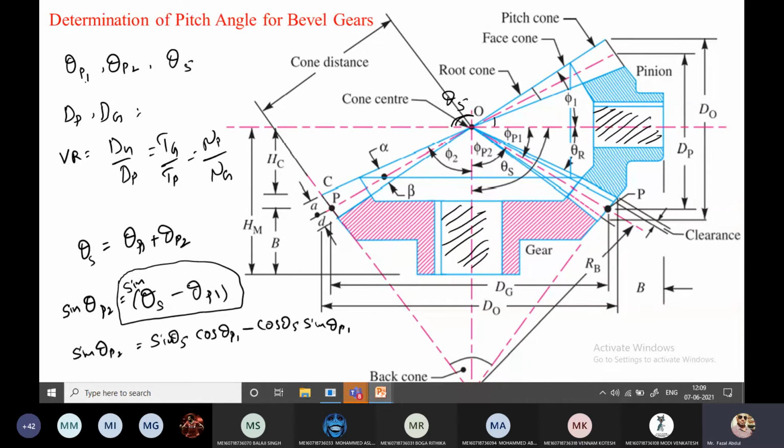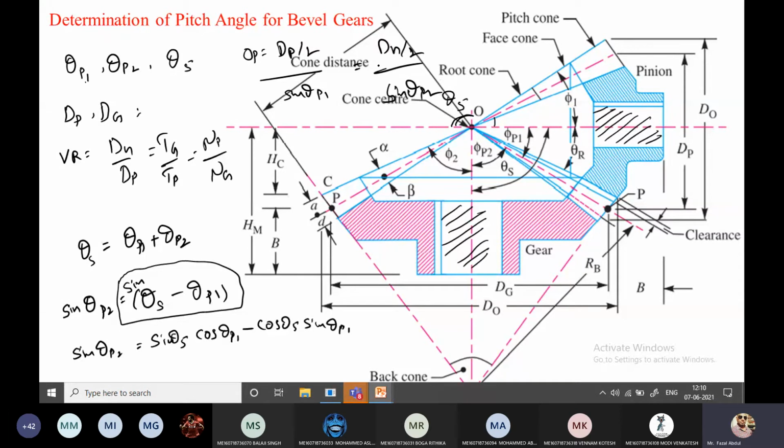Now from the center distance we have one relation. Just now we have seen cone distance or center distance. OP is equal to dp by 2 by sin theta p1, and also dg by 2 by sin theta p2.